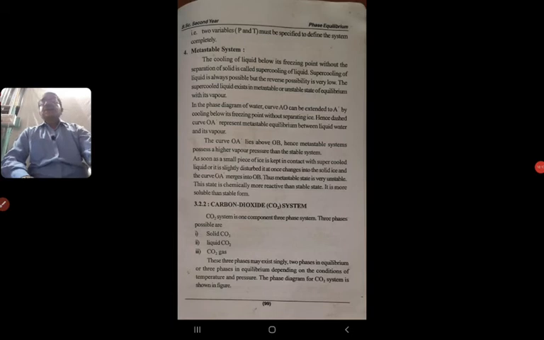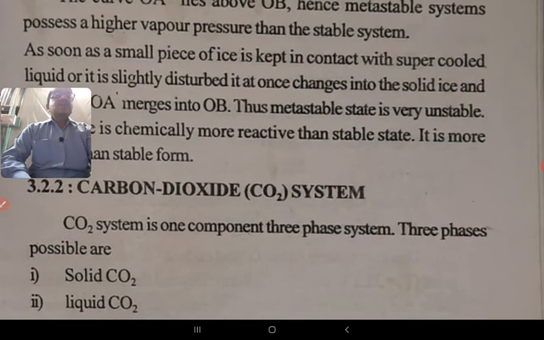In the areas AOC, AOB and BOC, two variables, pressure and temperature, must be specified to define the system completely.